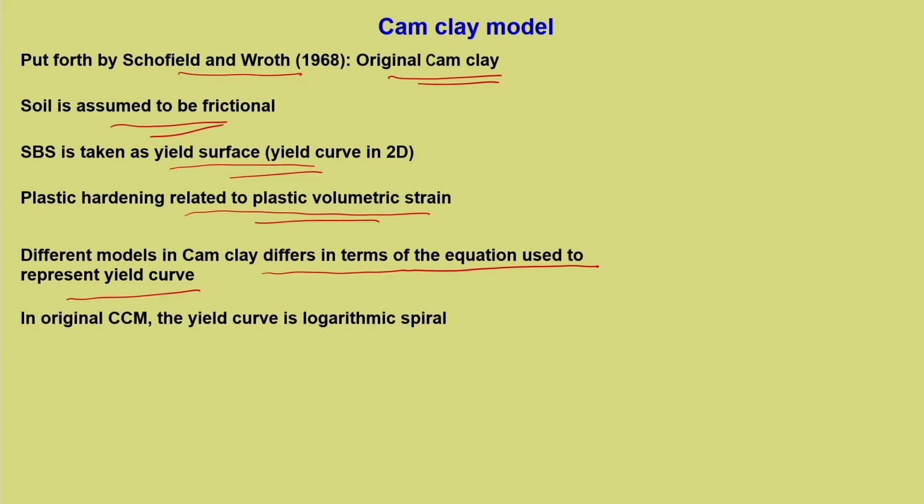In the original Cam-Clay, the yield curve is a logarithmic spiral. Because of its closeness to the kind of boundary that we have seen, the logarithmic spiral happens to be closer, and that is why that shape is adopted as the yield curve for the Cam-Clay model.